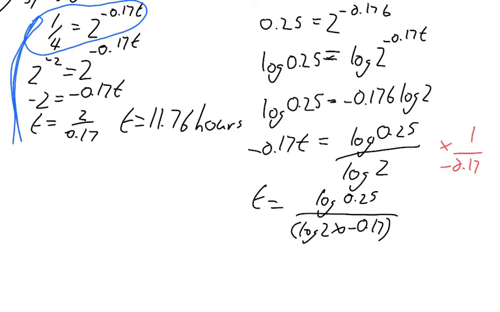What you do, you put that into your calculator, and you will get 11.76 hours. Alright, so following through the steps, a good way to look at this one, we look at revision video question 6 to help you understand this a bit more.